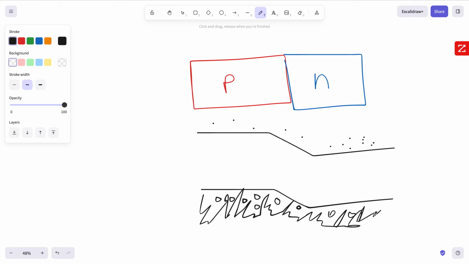And where these holes and these electrons recombine in the center, which also creates these ionized acceptors and donors at the junction.